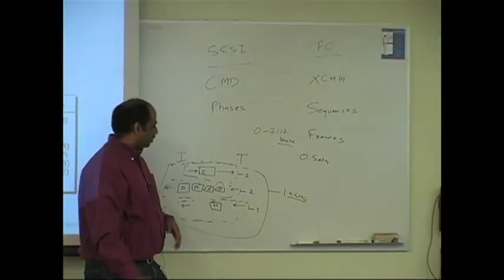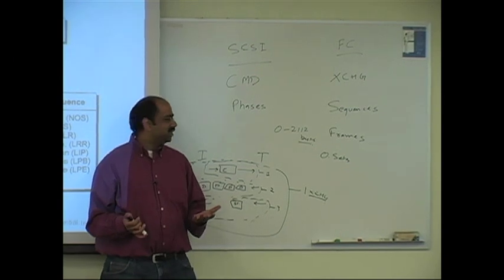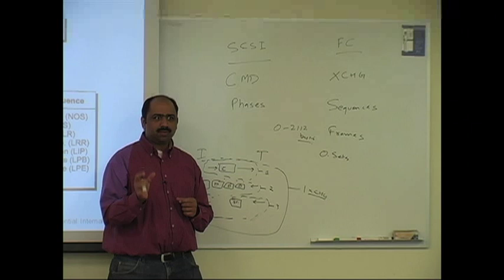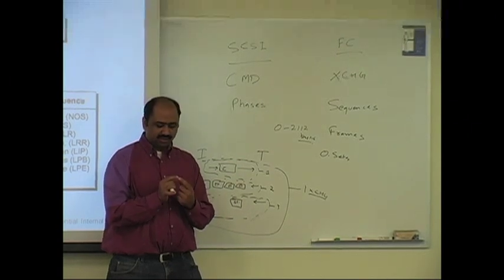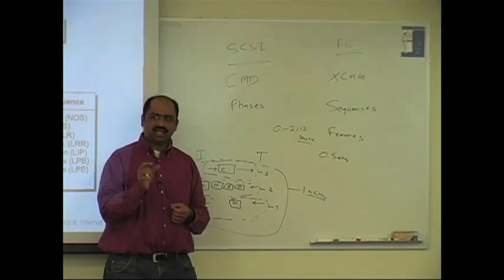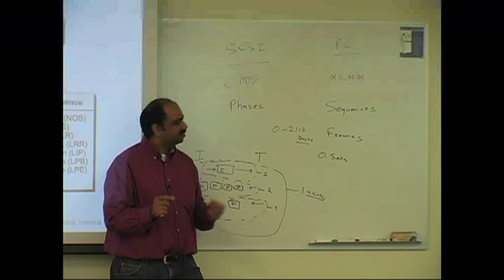What they did in fiber channel was, every exchange has an exchange identifier, a number which says this number represents this exchange. Every sequence has an identifier which says, this is sequence number this.